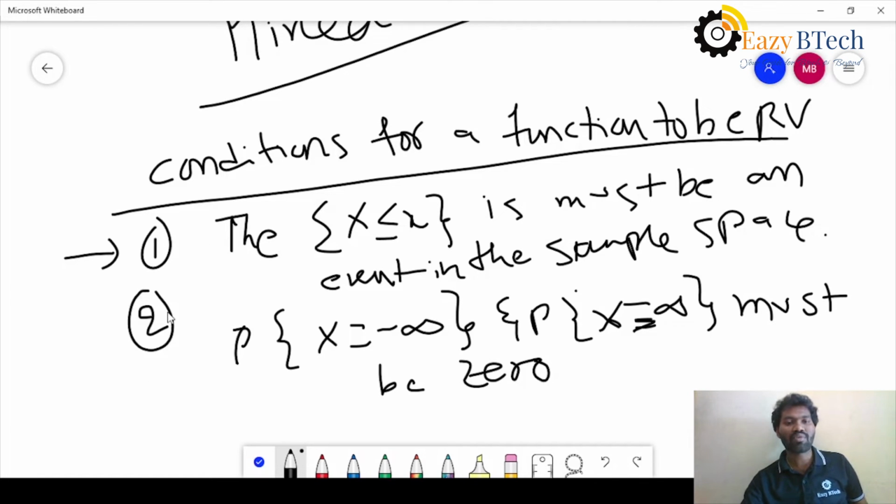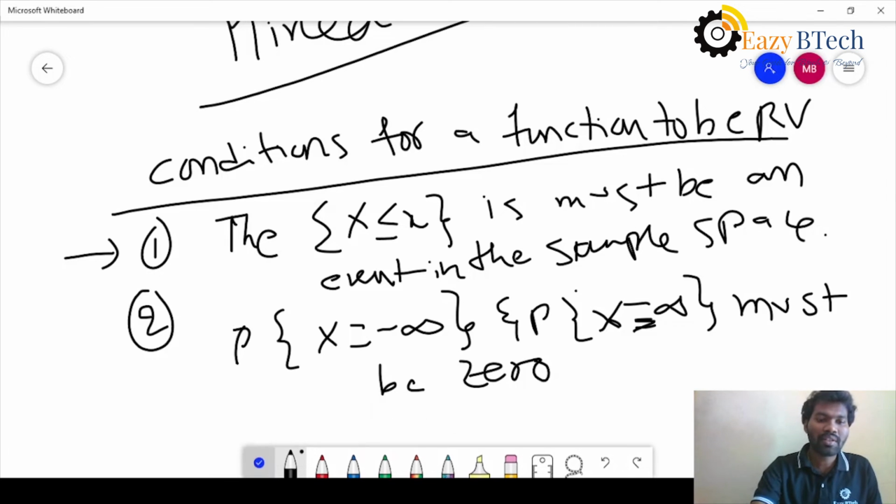This might be given as a 2 marks question. So: a, the set X less than or equal to x must be an event in the sample space, and b, the probability at x equal to infinity and x equal to minus infinity must always be equal to 0. These are the two conditions for a function to be a random variable.